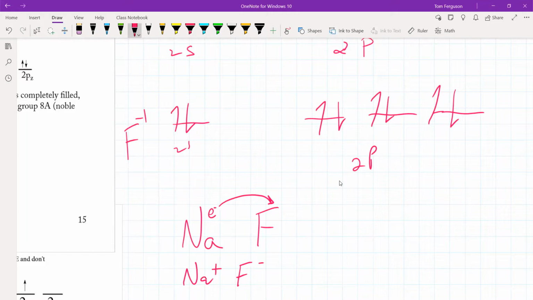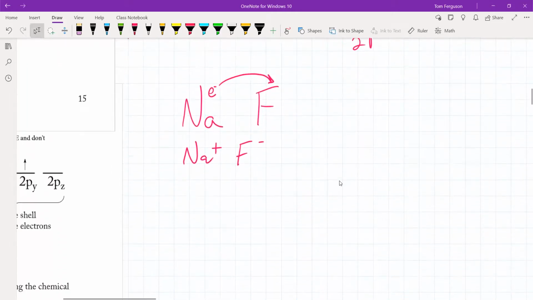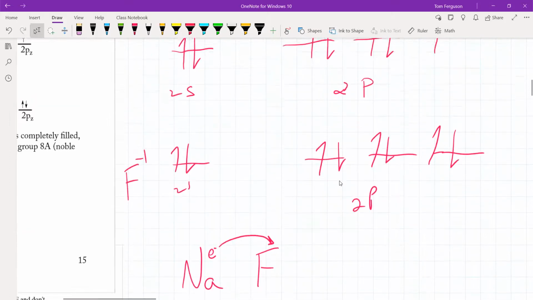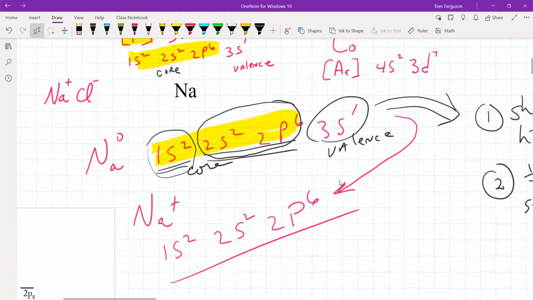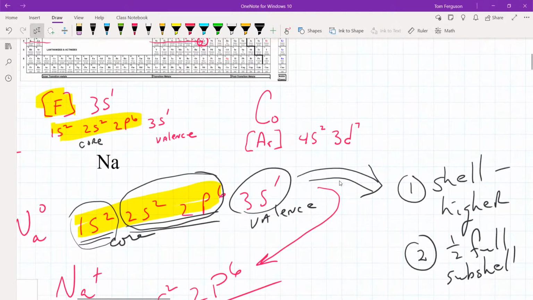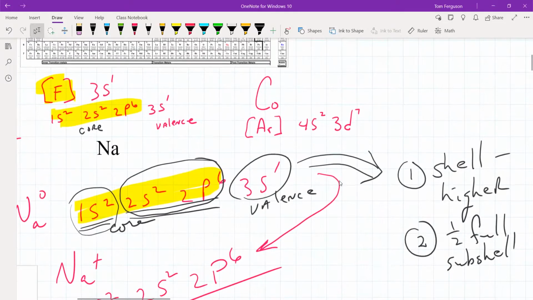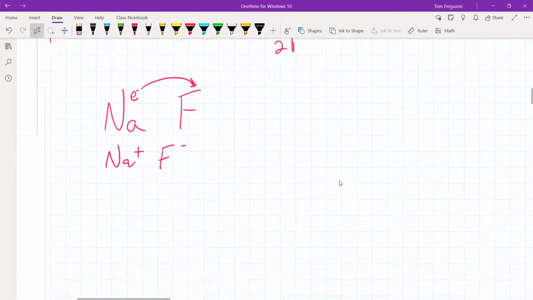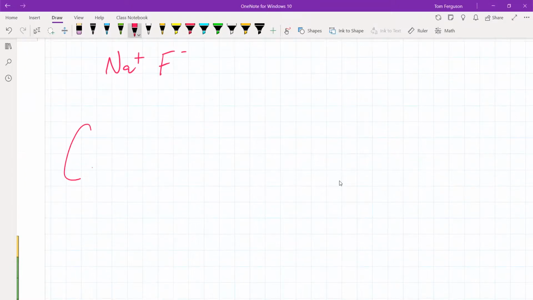Now that was a couple examples. Let's do some more examples now. Let's look at our cobalt now. Now we're looking at the valence electrons for cobalt.